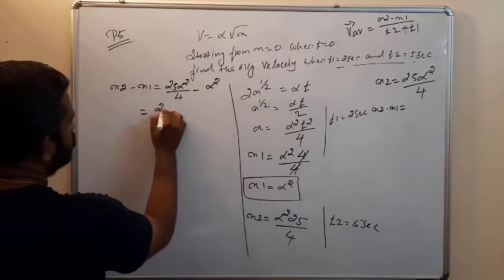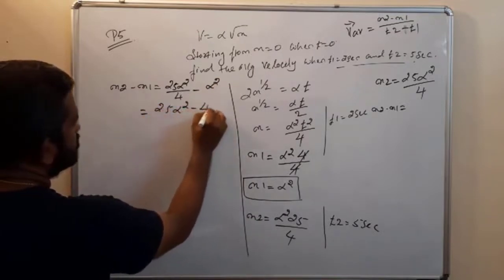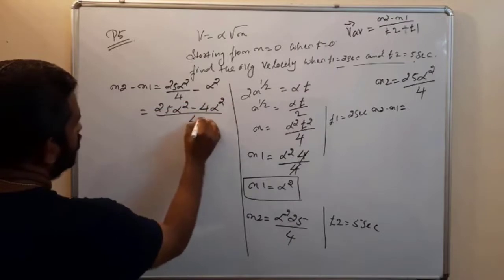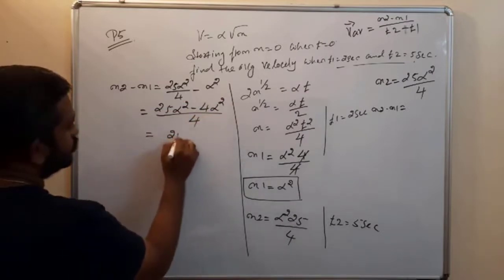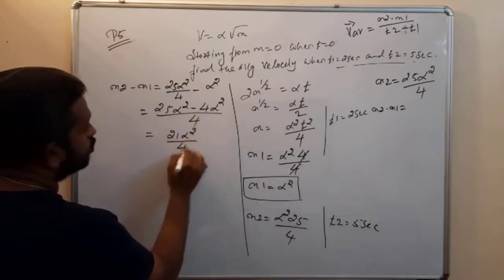So that's equal to 25 alpha square minus 4 alpha square by 4. So that is 21 alpha square by 4.